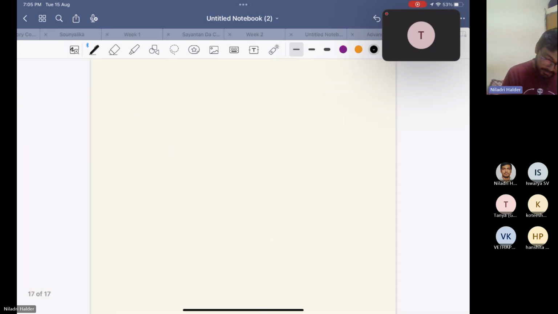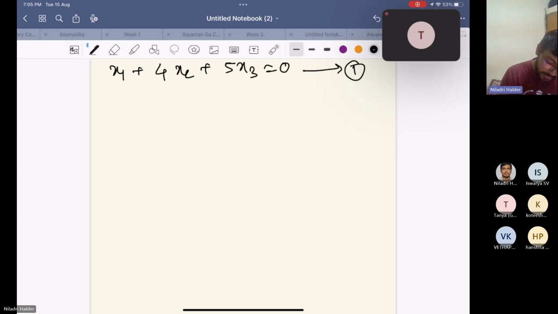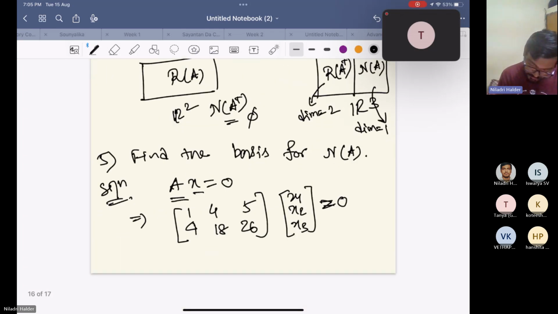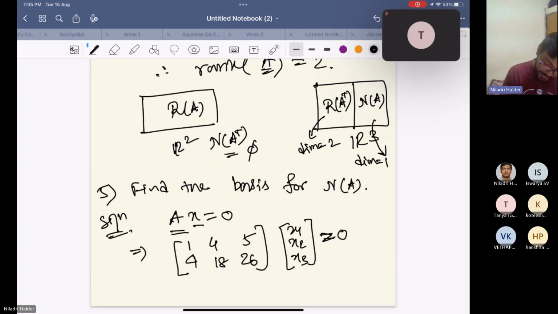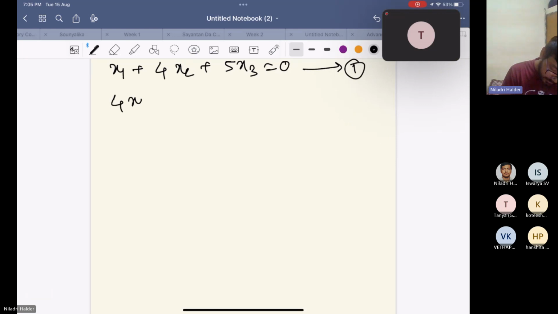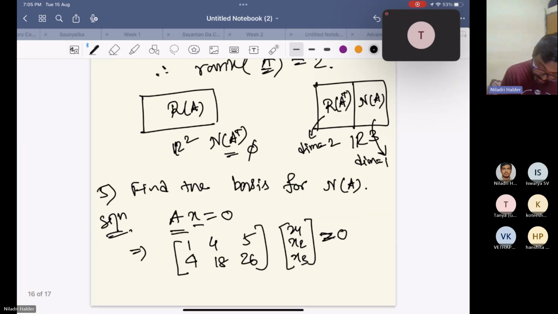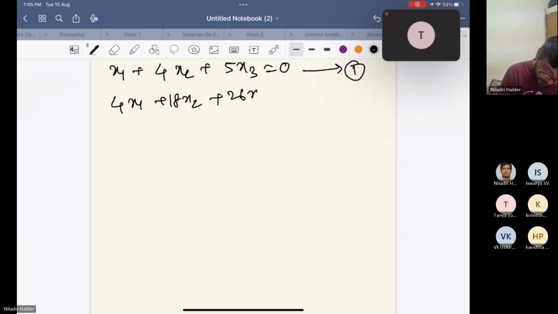The equations will come like this: x1 plus 4x2 plus 5x3 equals 0 is one equation, and 4x1 plus 18x2 plus 26x3 equals 0 is the other.